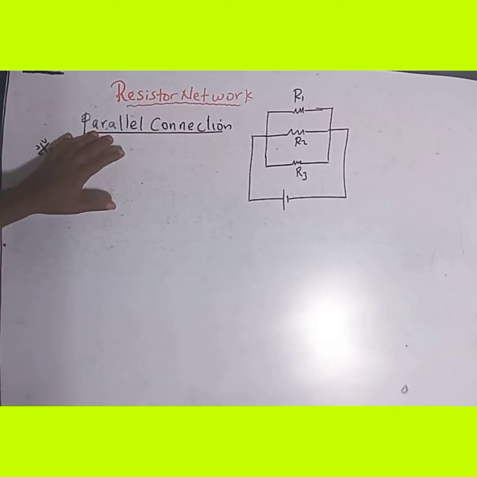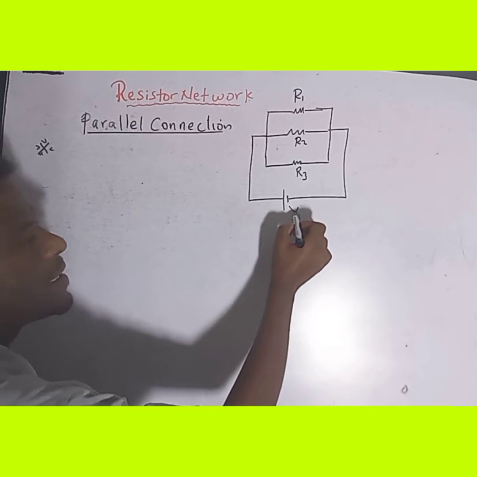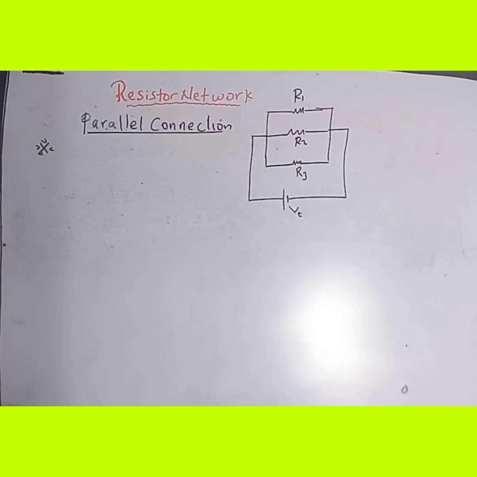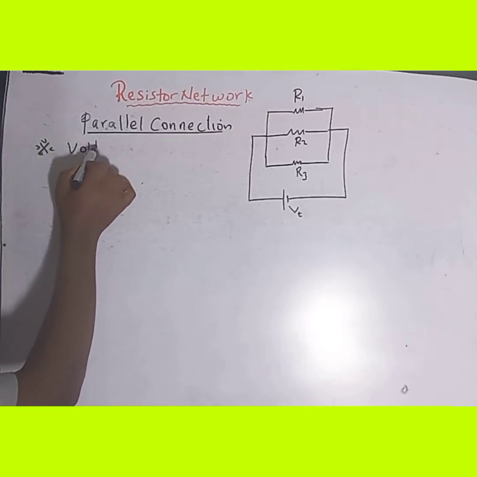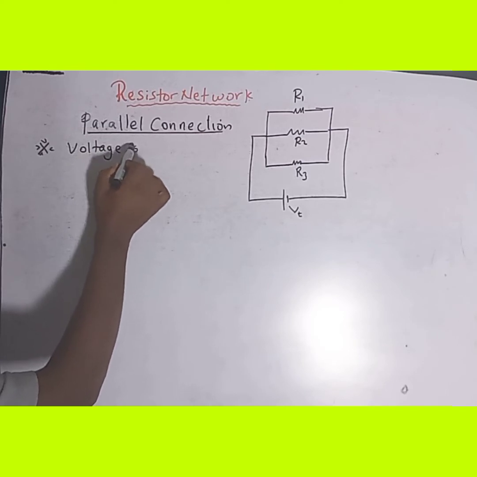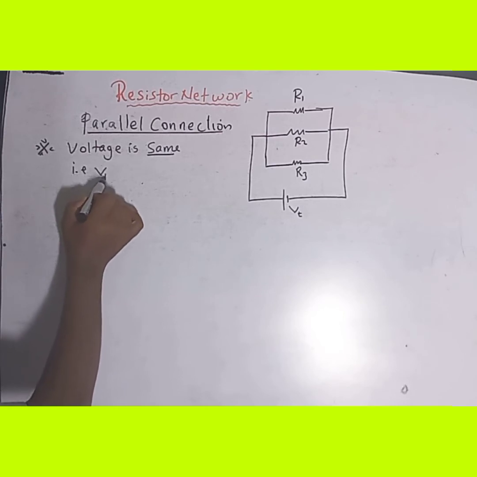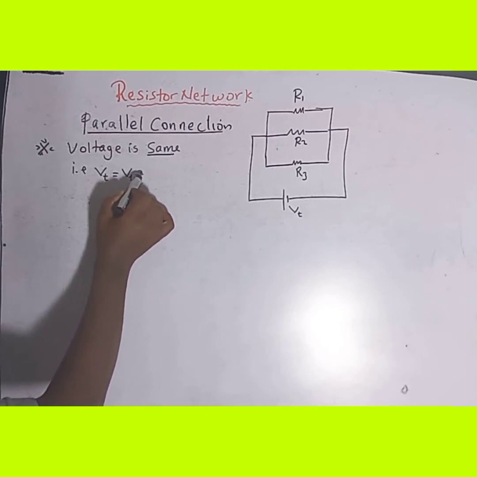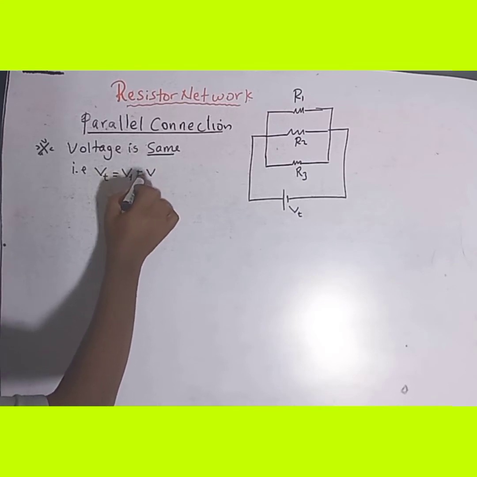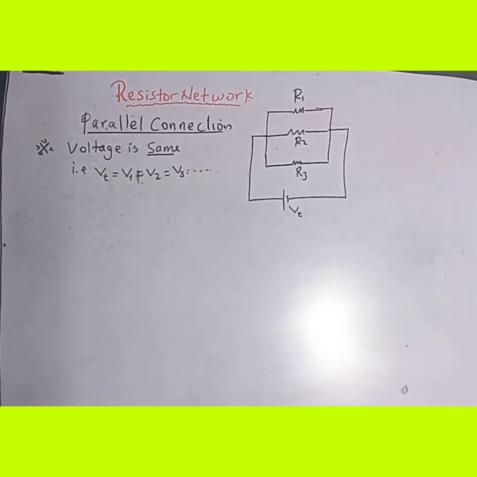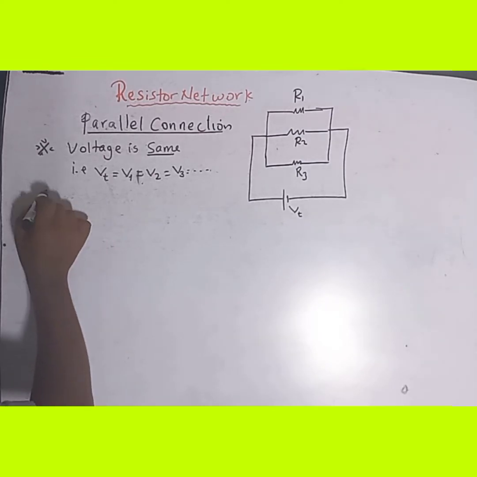For a parallel connection, total voltage is the same as the voltage across each resistor. Voltage is the same throughout the circuit, which means total voltage equals V1 equals V2 equals V3. If we have n number of resistors, the voltage across each resistor equals the total voltage.